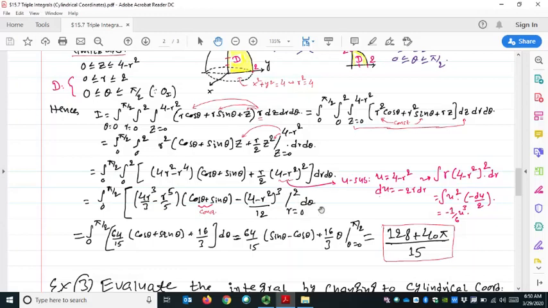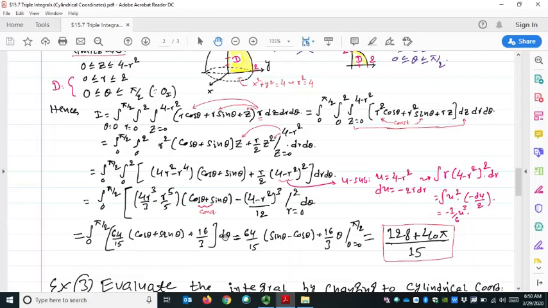Great. So this is the constant here. Now let's put r equals the upper limit and lower limit and simplify, which gives us this last integral with respect to theta. So the theta integral is 0 to pi over 2, 64 over 15 times cosine theta plus sine theta plus 16 over 3 times d theta.